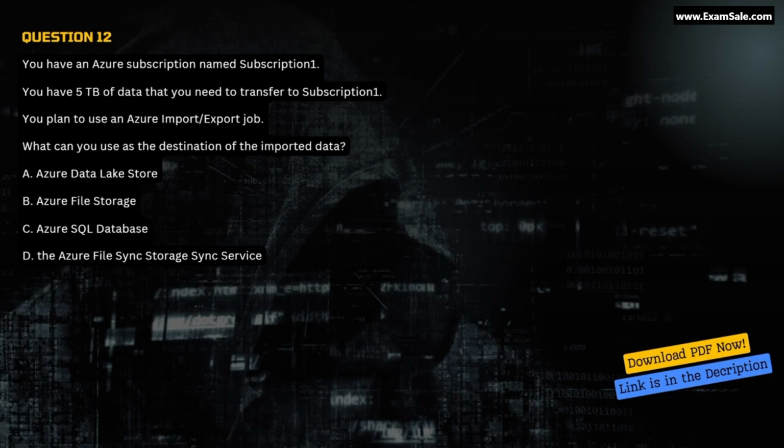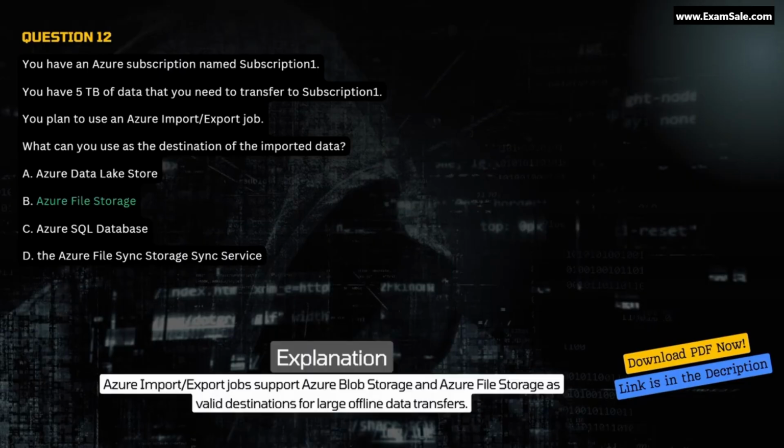C. Azure SQL Database. D. The Azure File Sync Storage Sync Service. Correct answer B. Azure File Storage. Explanation: Azure import-export jobs support Azure Blob Storage and Azure File Storage as valid destinations for large offline data transfers.